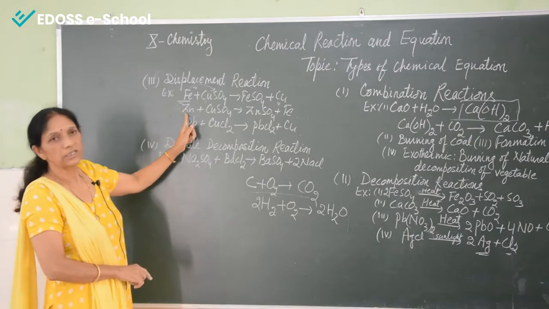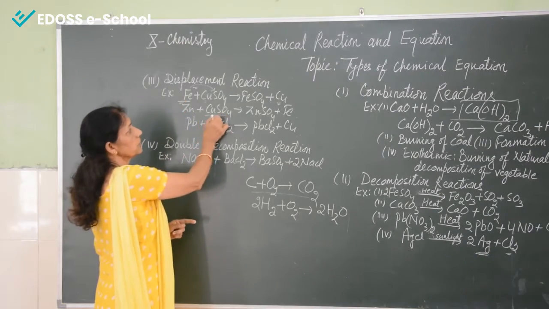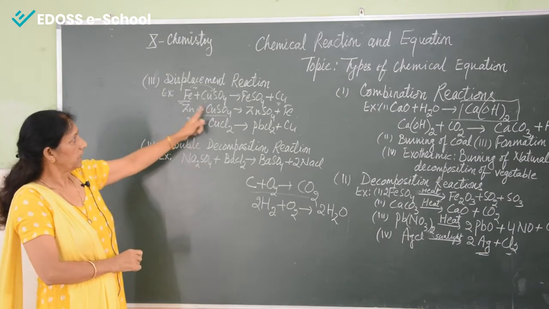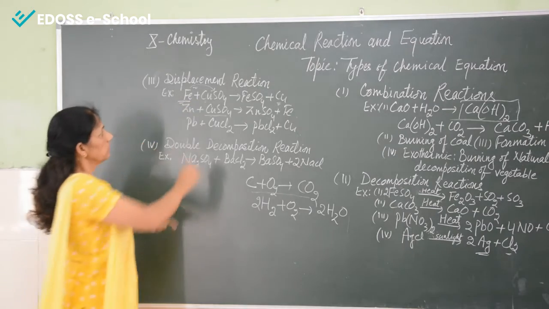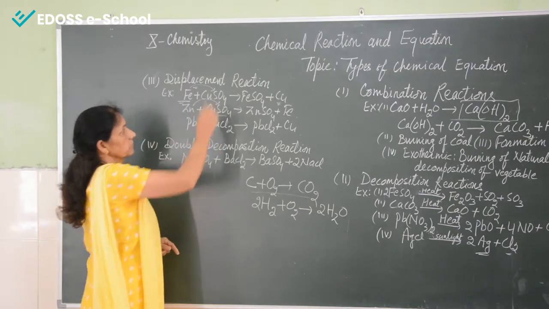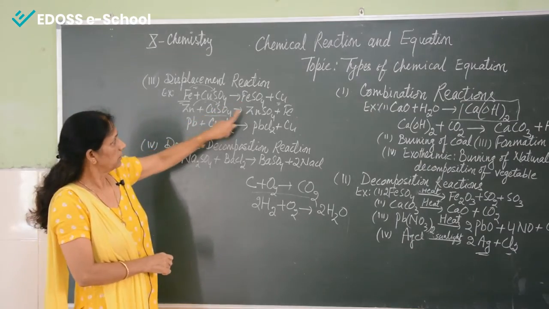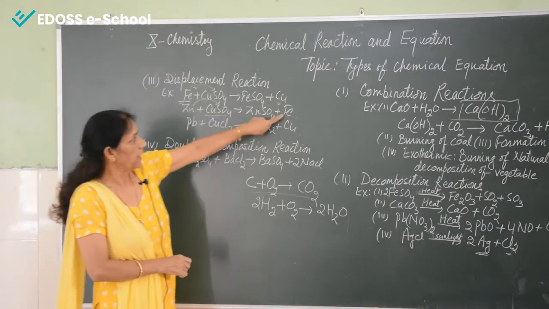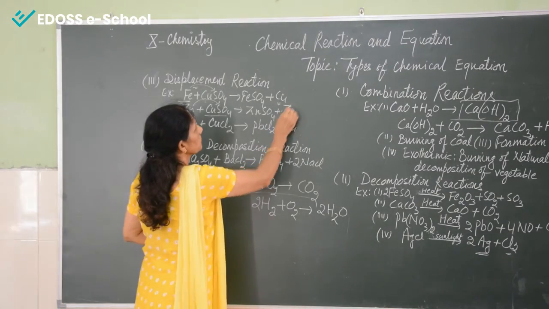Second example, zinc. When zinc metal is dipped in copper sulfate solution, we know that zinc is also more reactive than copper, so zinc displaces copper from the sulfate. The same reaction happens, zinc sulfate is formed and copper is given out.